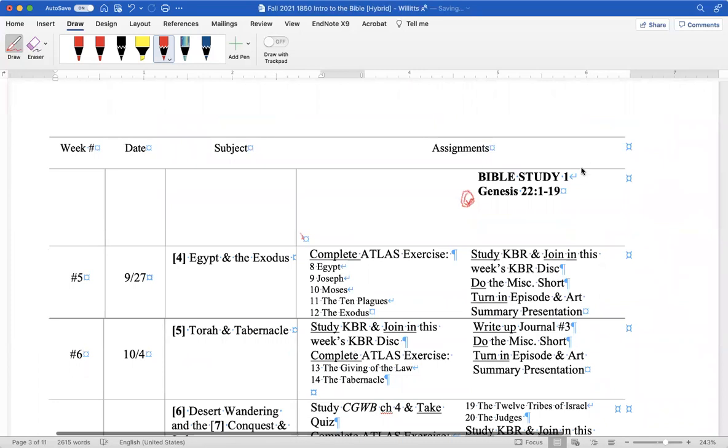But that week as well, by Friday, 11:59, you will turn in your first Bible study over Genesis 22, 1 through 19. You'll have all the information you need about that when we go over the material in the second week.